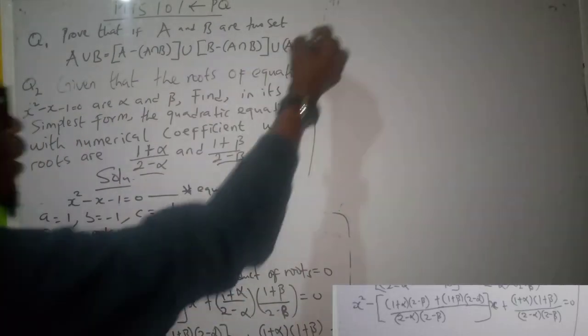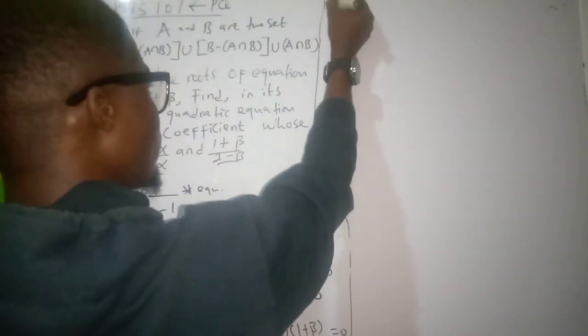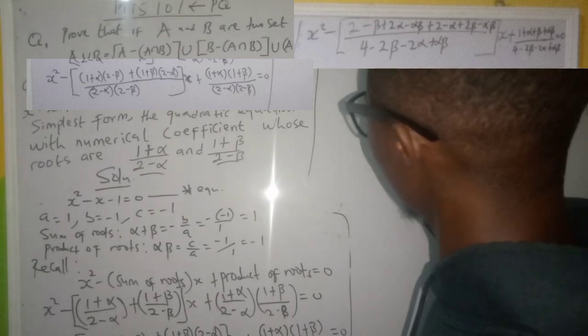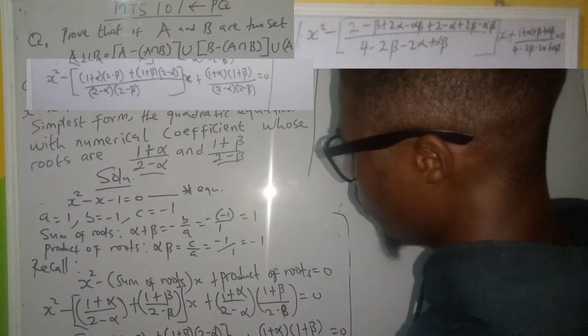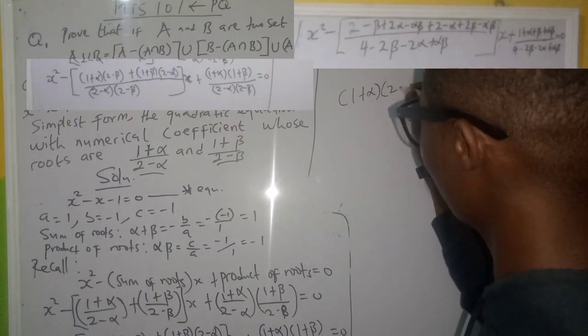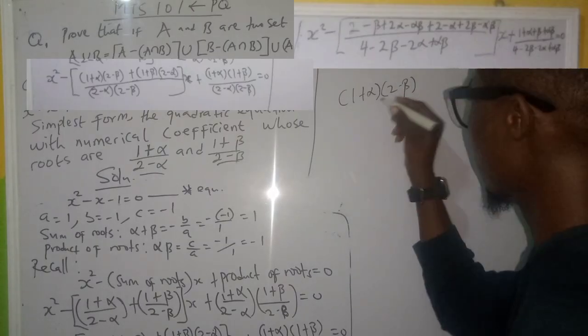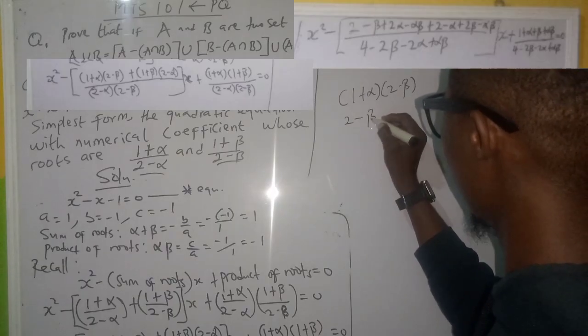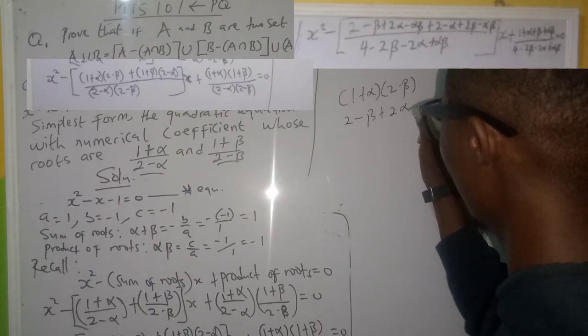So you can now come here that x squared minus, when you expand this one. So when you expand, let us expand 1 plus alpha, 2 minus beta. This one is going to be 2 minus beta plus 2 alpha.